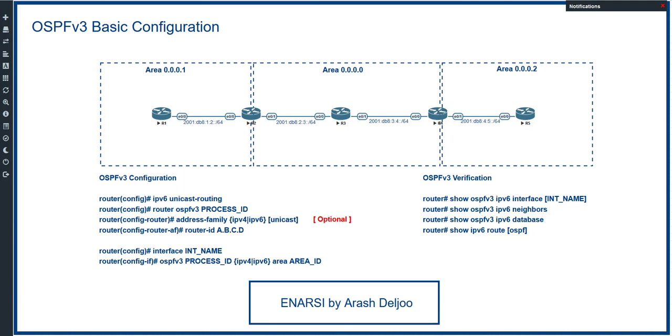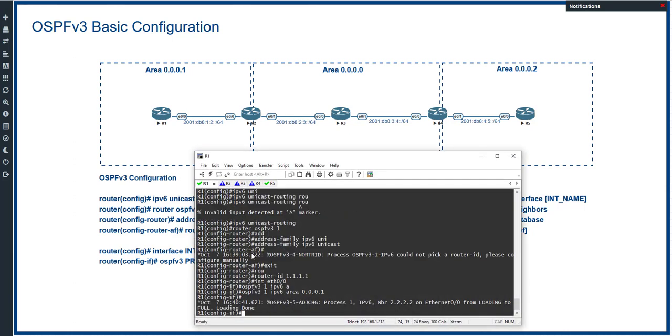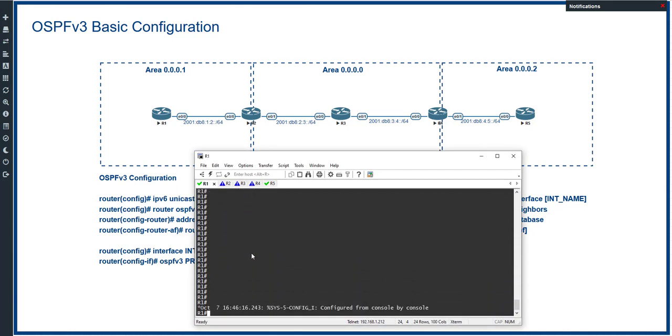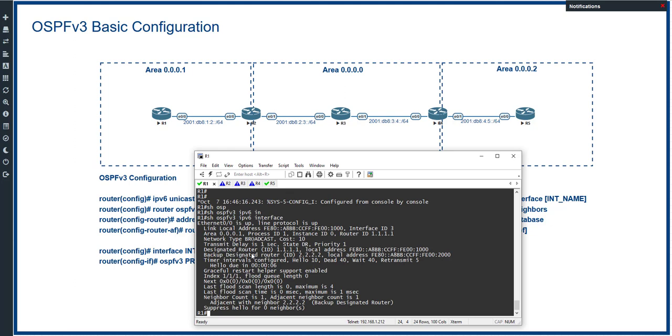This is so simple. Starting from the router 1, we can use show OSPFv3 IPv6 interface. Here we have this information. You know that in most cases we don't use all of the interface information.